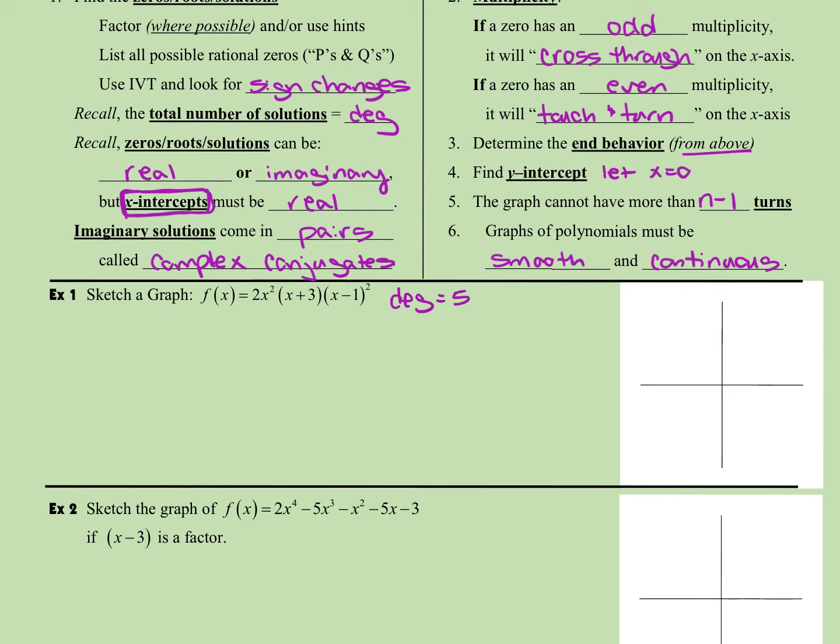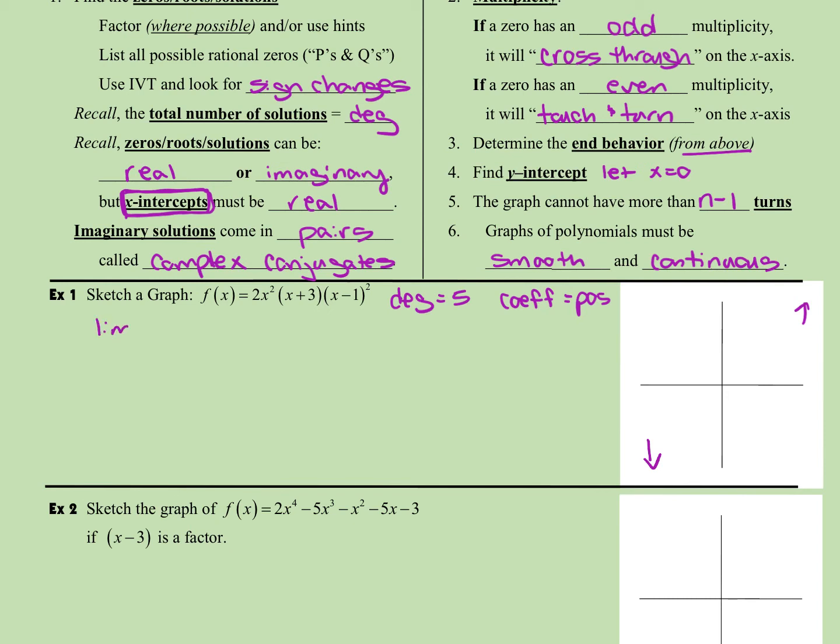So our degree is 5, and our leading coefficient is going to be positive. Our ends should look like a positive sloping line. I always like to give myself some nice little arrows here to remind me of that. That also means that we can right now write the limit notation.